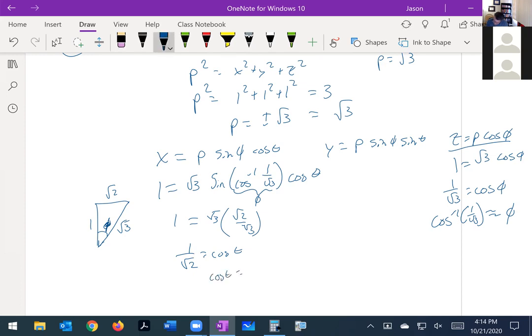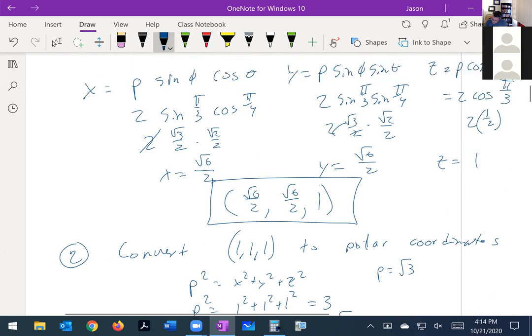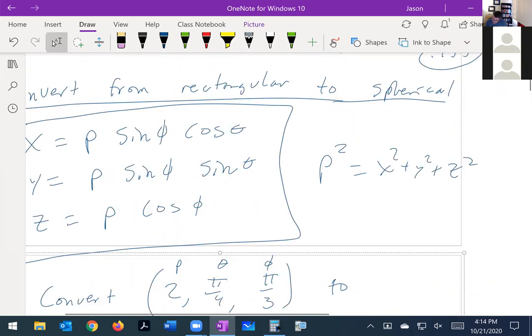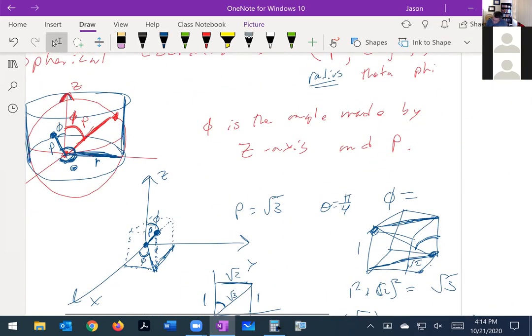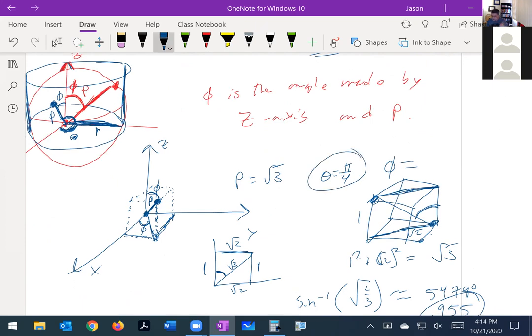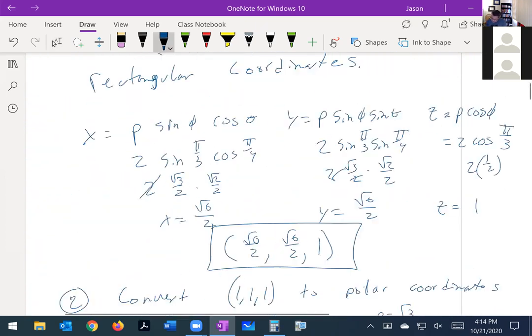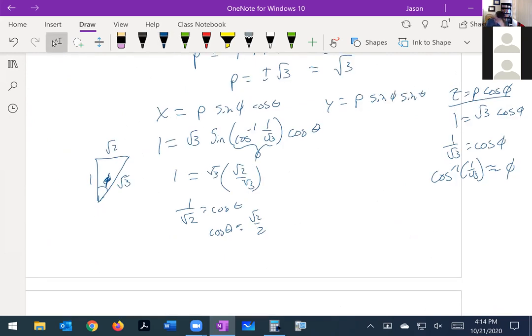Cosine of theta equals radical 2 over 2. What did we say theta was? Theta was pi over 4. The inverse cosine of radical 2 over 2 is pi over 4, so theta is pi over 4. That's how we convert back.